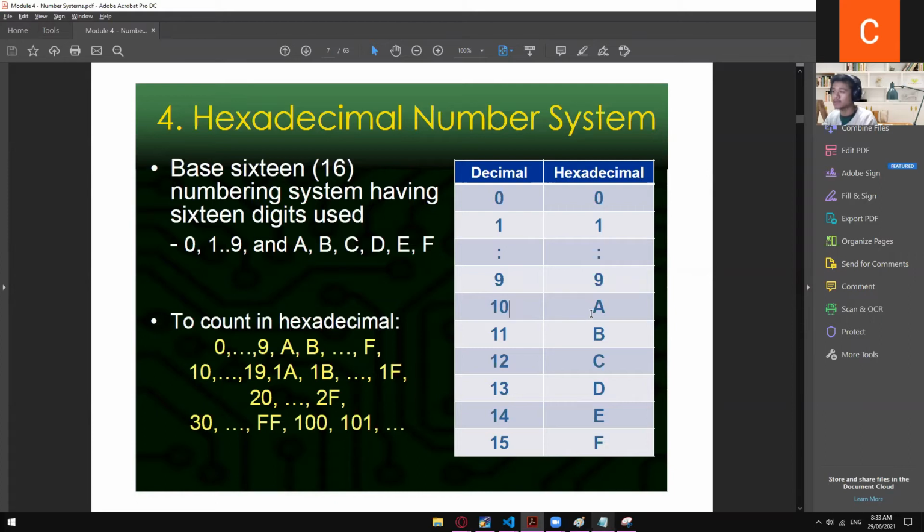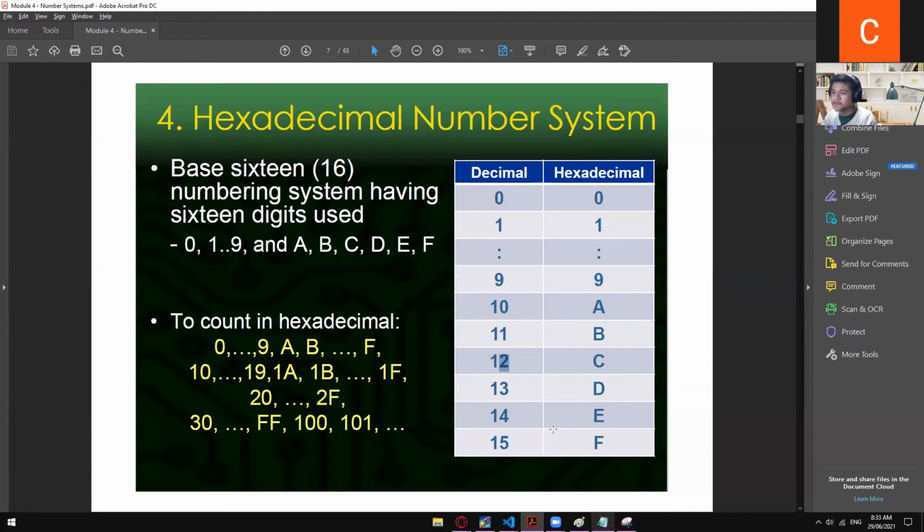That is probably the algorithm they came up with, wherein 10 is equal to A. Once our computer gets data equal to A, it means a value of 10 in decimal. Then 11 is B, 12 is C, 13 is D, 14 is E, and 15 is F.